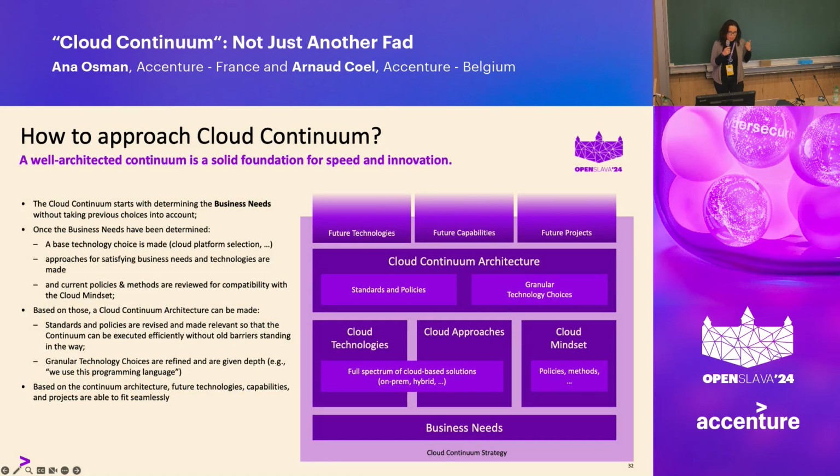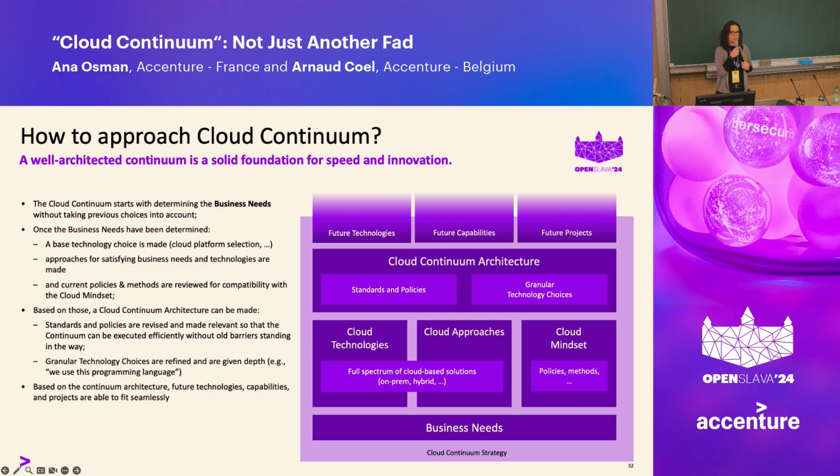Then how to approach Cloud Continuum, right? We were saying that we have the business needs, first of all. That's what we're building the architecture on top of. Then you have the cloud technologies, you have the cloud approaches, meaning principles, standards, and you have the cloud mindset.